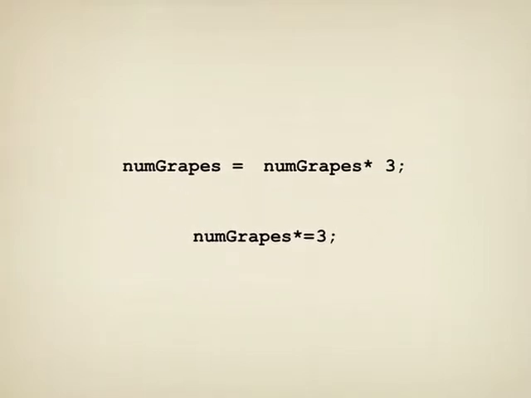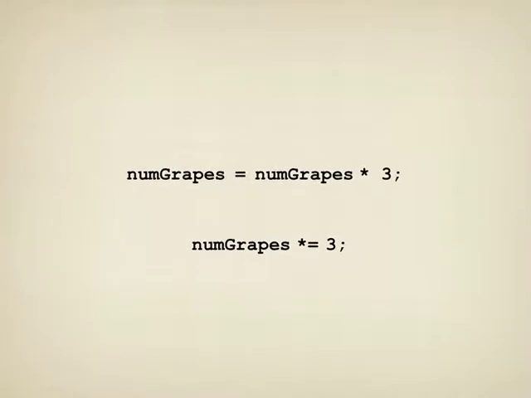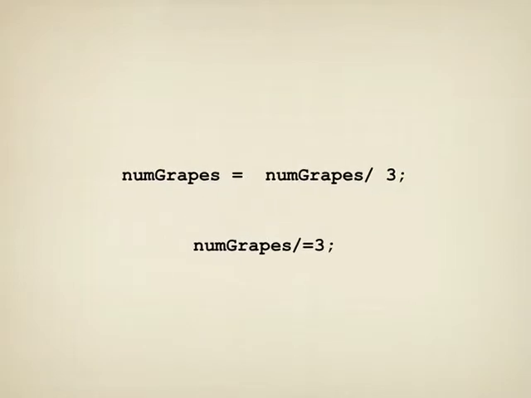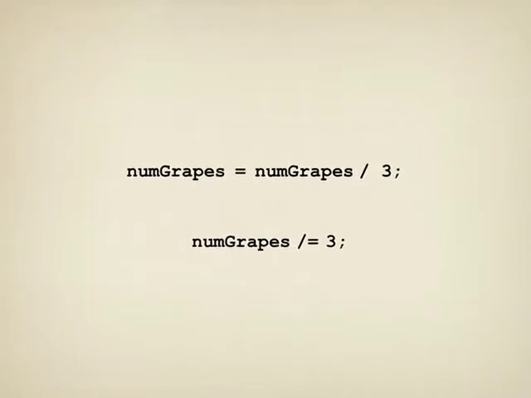The expression numGrapes *= 3 is identical to numGrapes = numGrapes * 3. And if we want to reduce the number of grapes we have by a factor of 3, then numGrapes /= 3 is identical to numGrapes = numGrapes / 3.